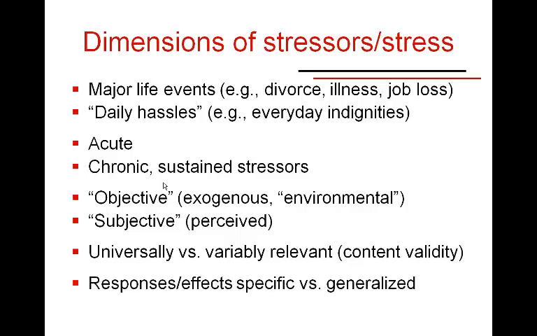Another is the extent to which responses to or the effects of stressor exposures are specific versus generalized. And here we can think of this in terms of the health consequences. Exposure to certain stressors, for example, may be related to cardiovascular disease.